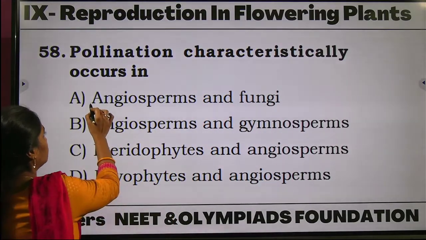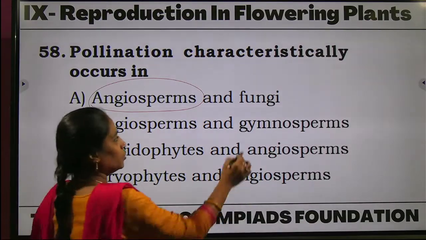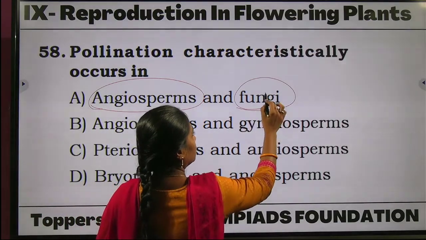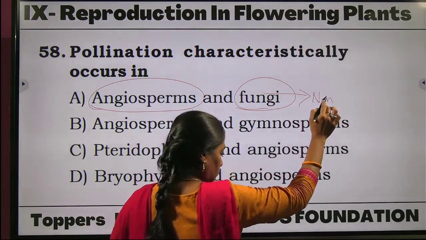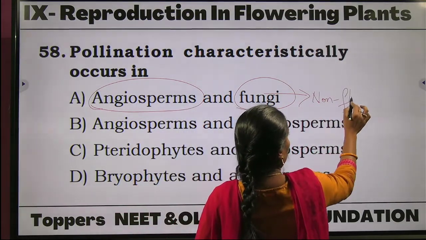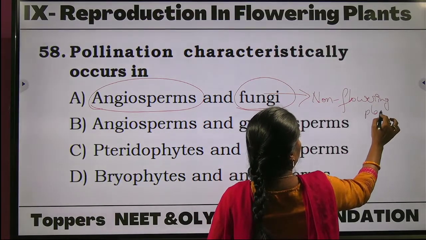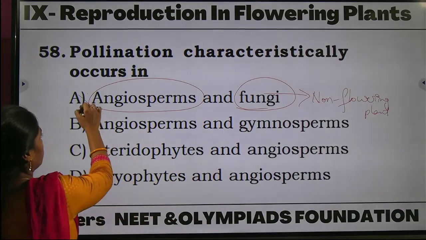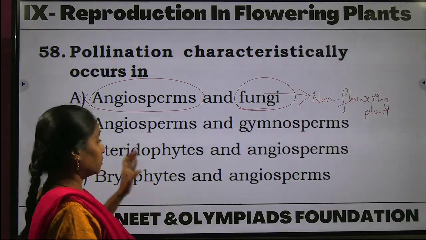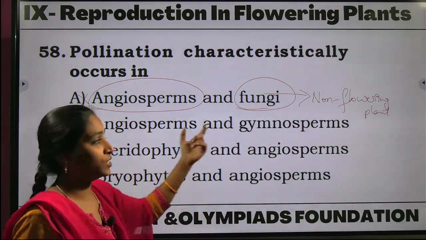Angiosperms are flowering plants, but fungi are non-flowering, so this is the wrong option. Option B is angiosperms and gymnosperms.